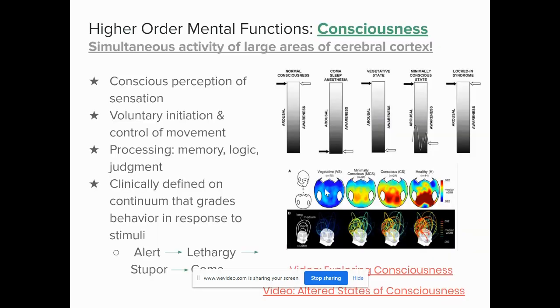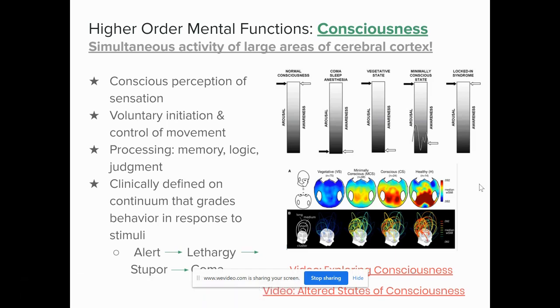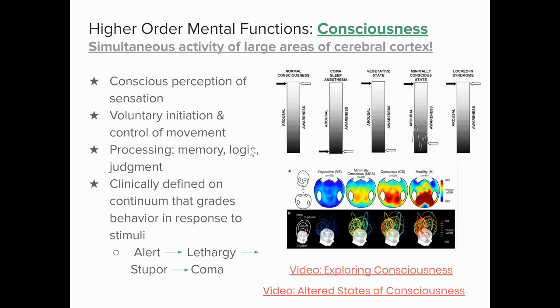So your consciousness, this is a really cool area. Down here where these links are, there are some really good videos on consciousness. I would strongly encourage you to watch those. Consciousness is the simultaneous activity of large areas of the cerebral cortex.